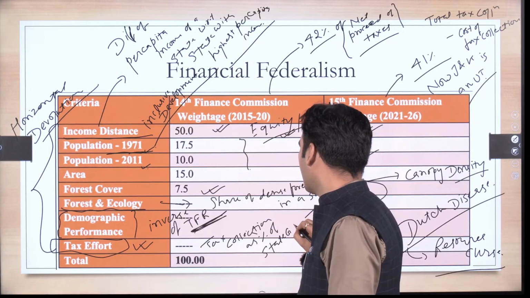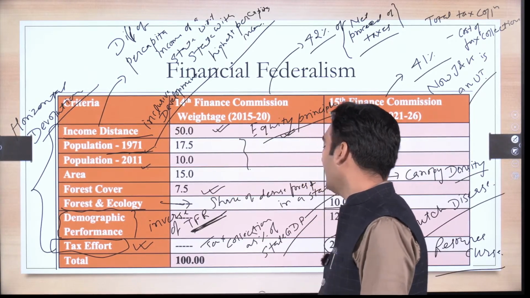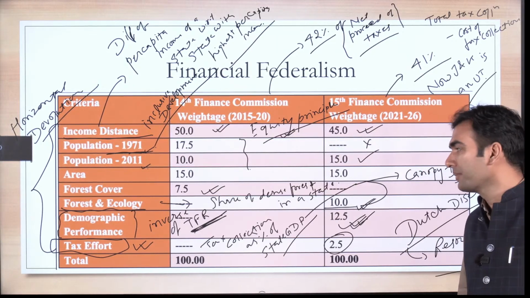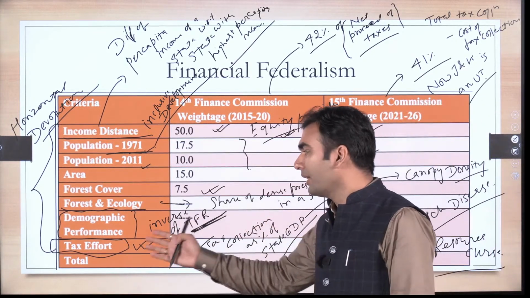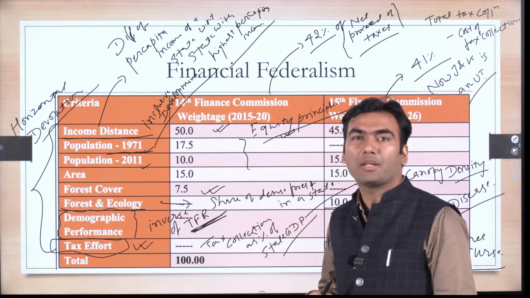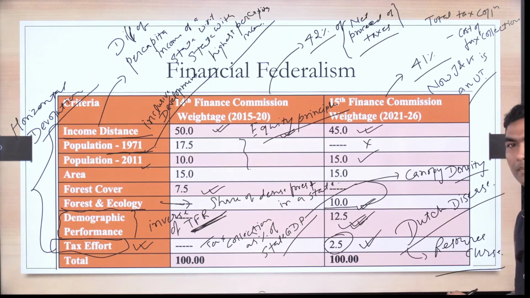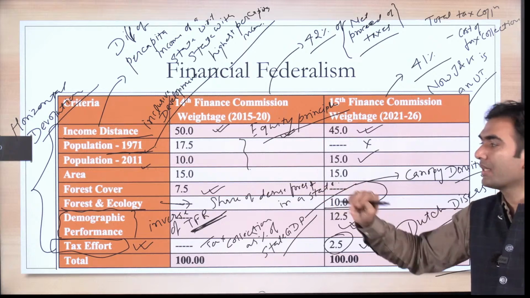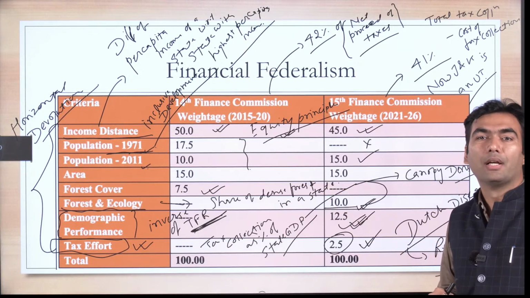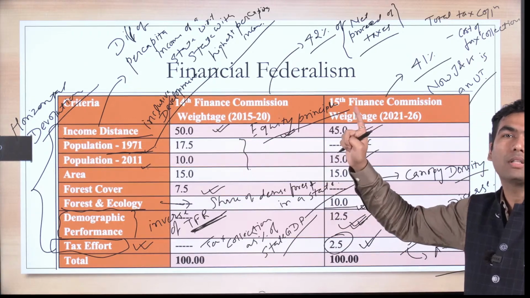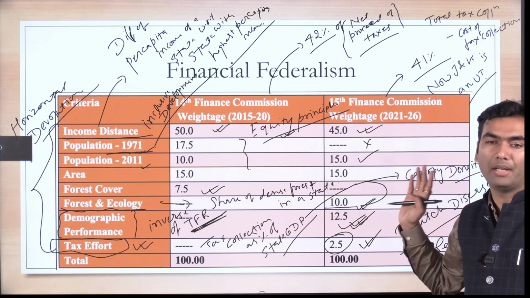Obviously, the state which has higher GDP will have higher tax collection, but as a percentage of their state GDP, if your tax collection is more, you will be rewarded for that. So in a way, the Finance Commission is giving a message that you should try to mobilize your own resources rather than being dependent on central government funding.